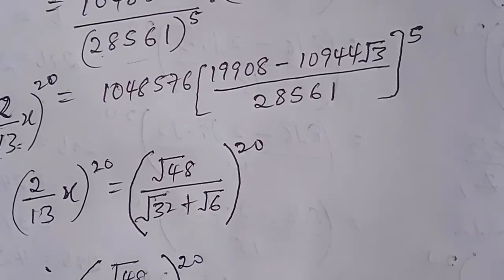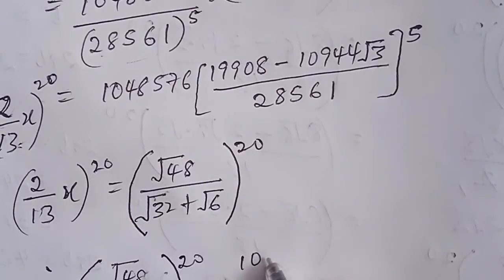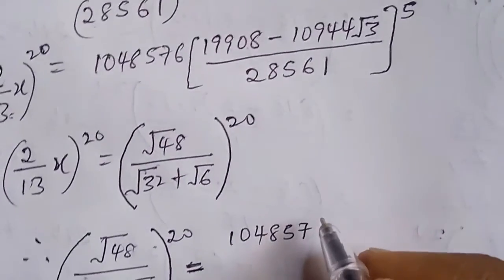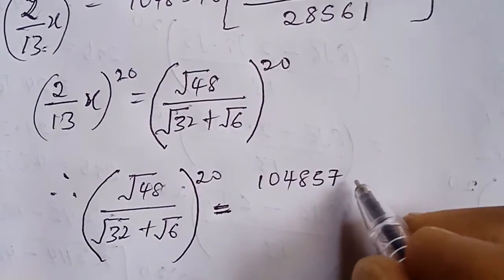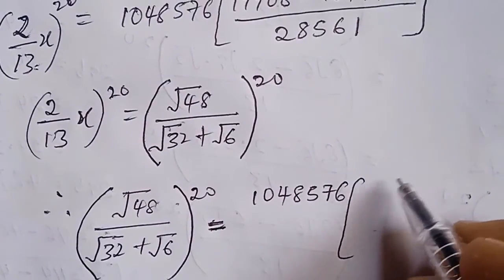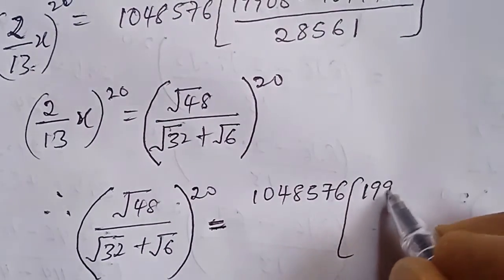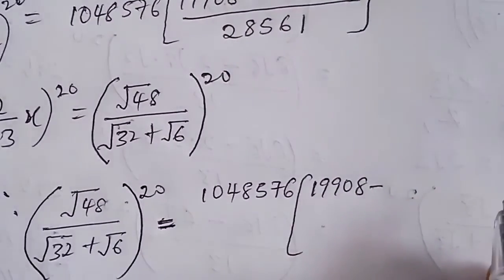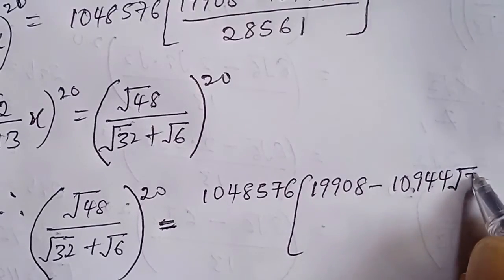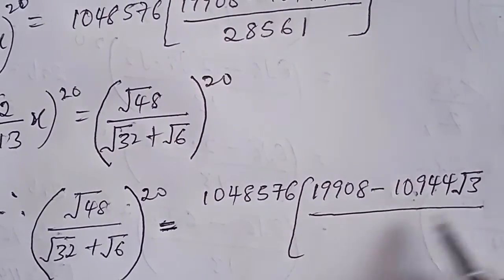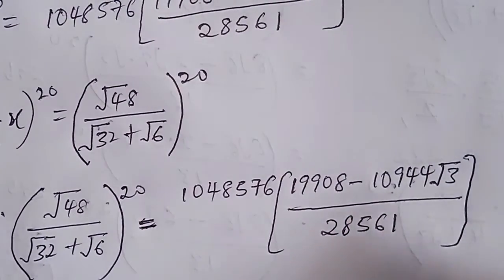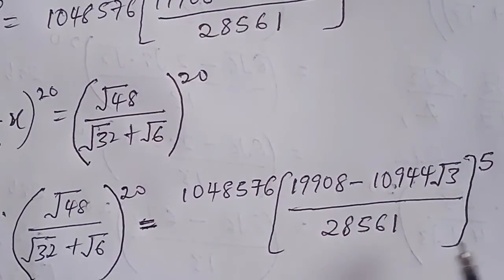And that is equal to 1,048,576 into bracket 19908 minus 10944 square root of 3 over 28561, close the bracket, to the power of 5.